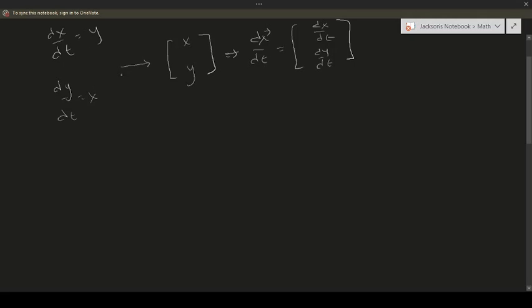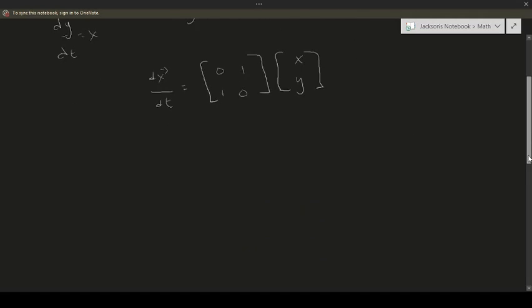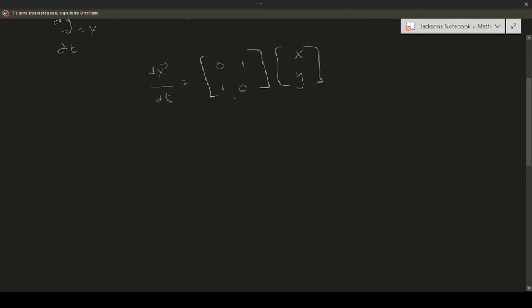No x, 1 y, because we do x first, then y, and then 1, 0. So this becomes d/dt of (x, y) is equal to the matrix 0, 1, 1, 0 times x, y. And with that, now we just need to solve.